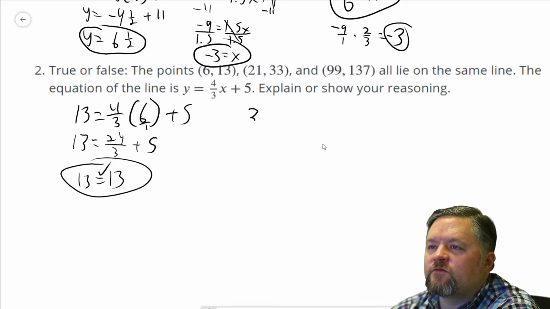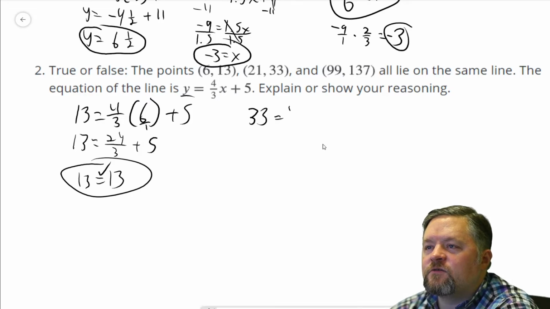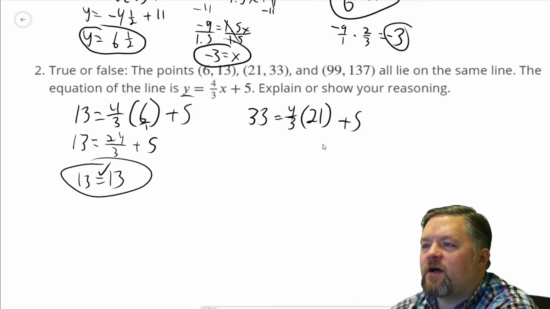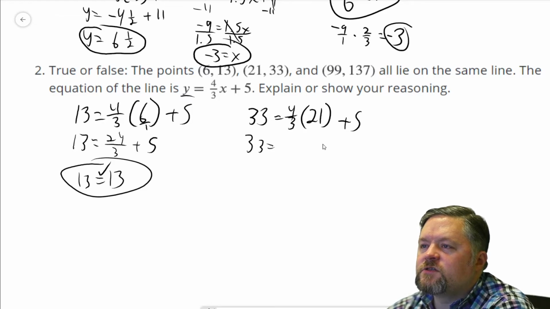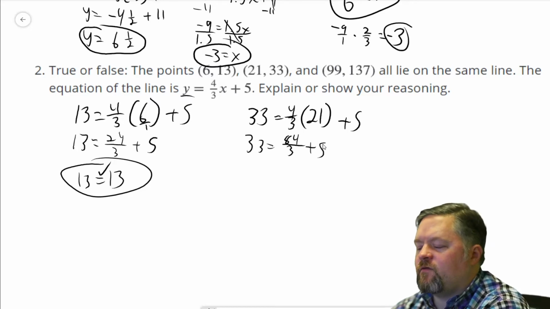Our next one is the point (21, 33). The y value of that is 33. We plug that into the y equals 4/3. Our x value is 21 plus 5. 33 equals 4 times 21 is 84/3 plus 5.